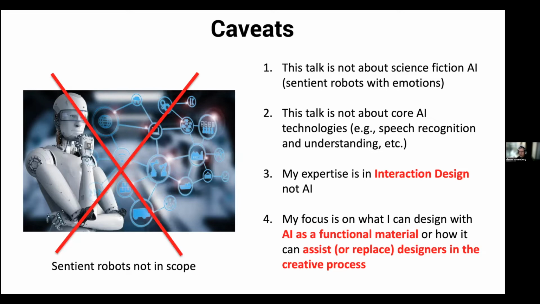What I want to show you today is what I'm working on, and it falls into both of those two categories. My interest is, number one, artificial intelligence as a functional material. It's no different than sound and light and steel and wood or anything else you design with. You have material in the digital world, you have material in the physical world.